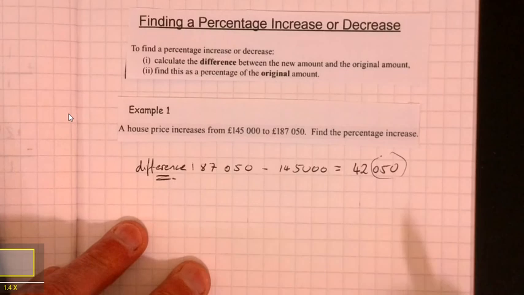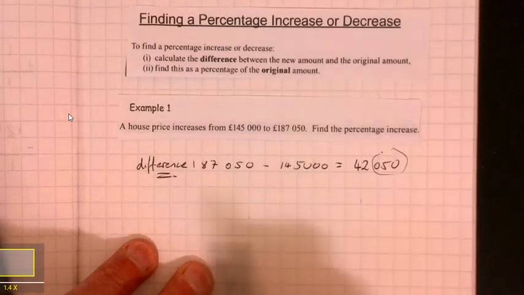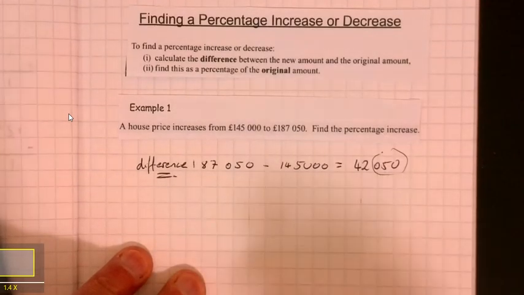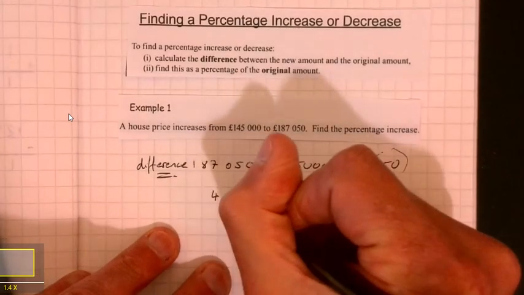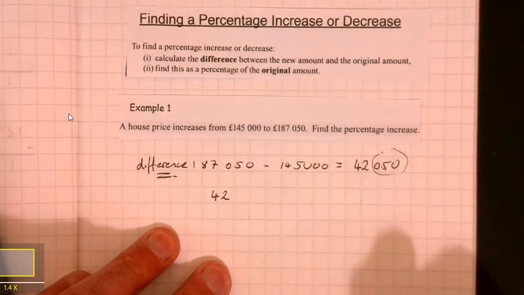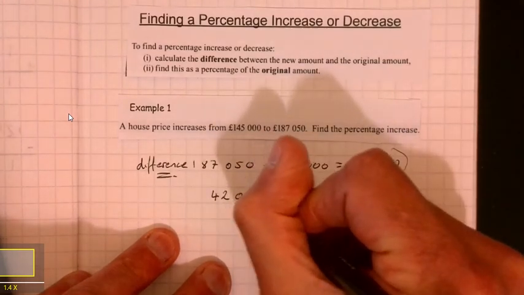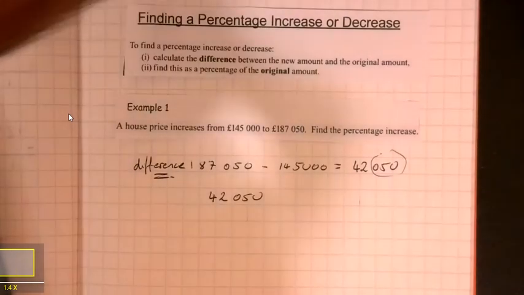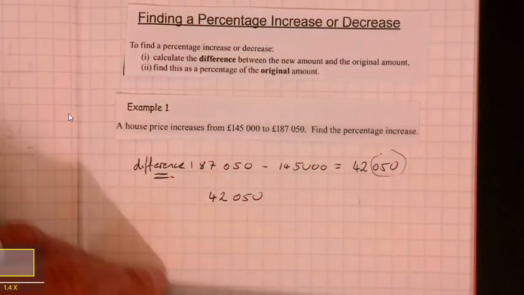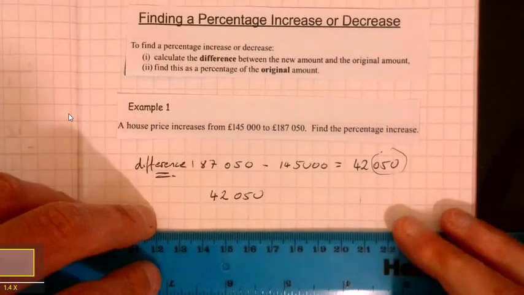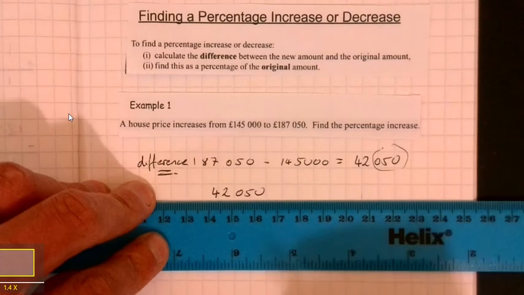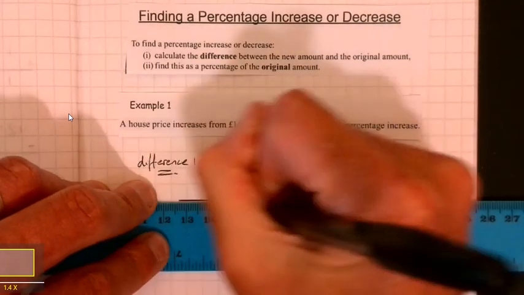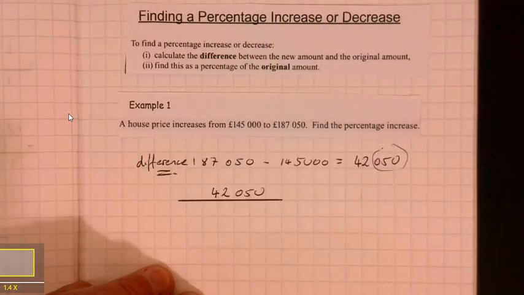Now we need to find the percentage increase. So we've got the first bit, we found the difference. The second bit is the increased amount, the real difference, and you're going to divide that by, now this is the bit that people sometimes get a bit confused about. It wants to know the percentage increase, so which number are we actually referring to?